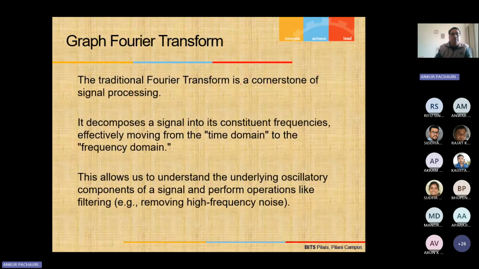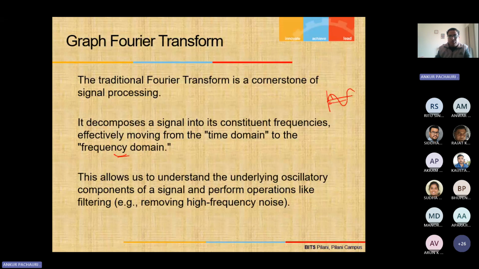So the traditional Fourier transformation is a cornerstone of signal processing, decomposing the signal into constituent frequencies, effectively moving from the time domain to the frequency domain. Frequency means where we have the wavelength and all those. I'm missing some terms of signal processing. This was some lambda, no, what was it?